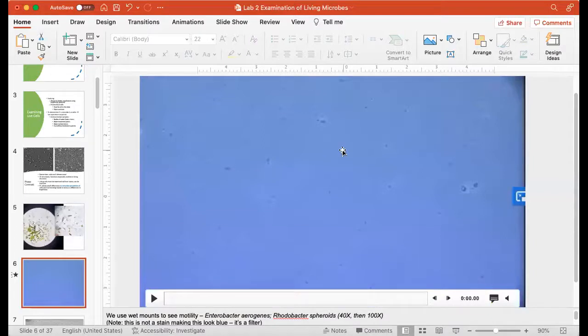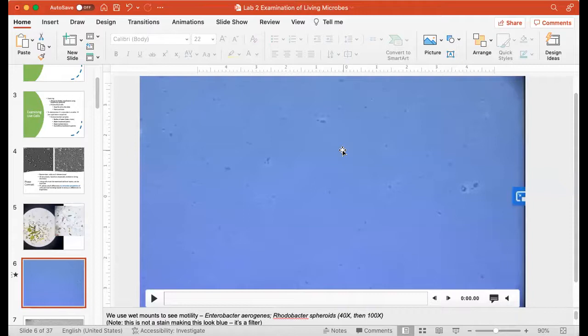So I said at the beginning of the lab that there are two types of slides that we can prepare to examine a water sample and look for motile bacteria, bacteria that are moving or swimming. The first one is called a wet mount, and the second one is called a hanging drop.